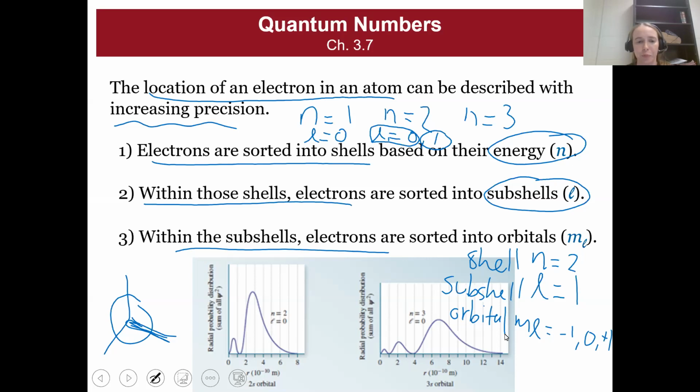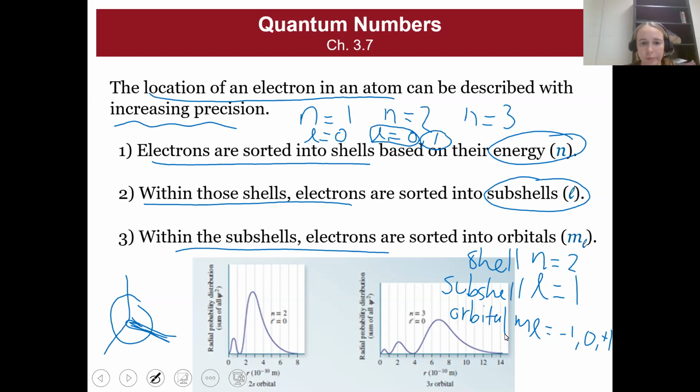So when we're talking about these orbitals, we're still talking about the probability of finding an electron in a certain location. Now we have it narrowed down to a specific orbital, not just a shell, not just a subshell, but the specific orbital in that subshell.